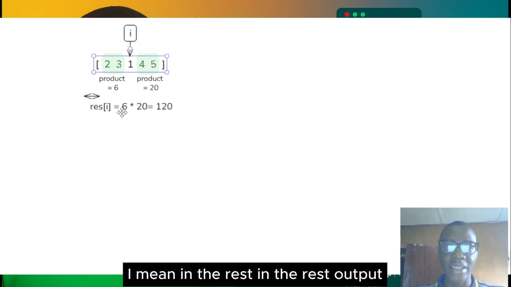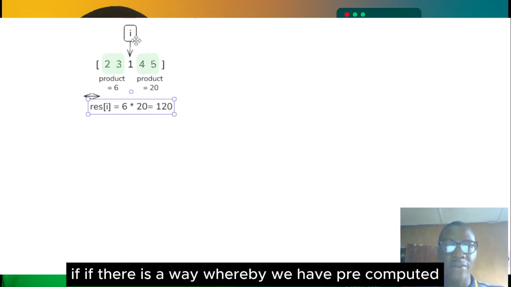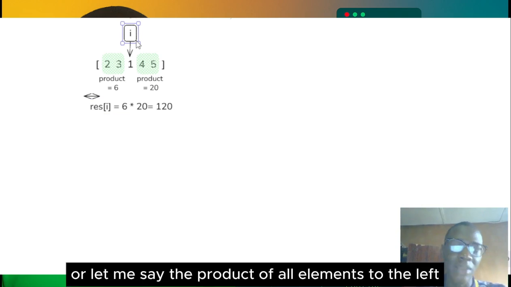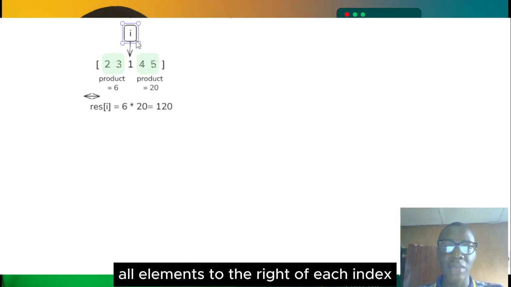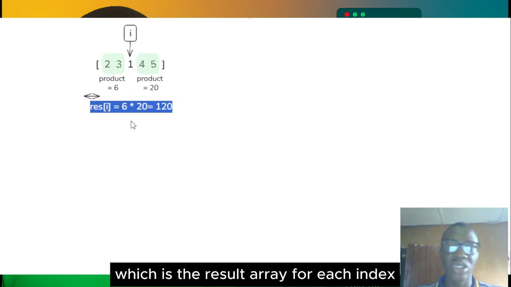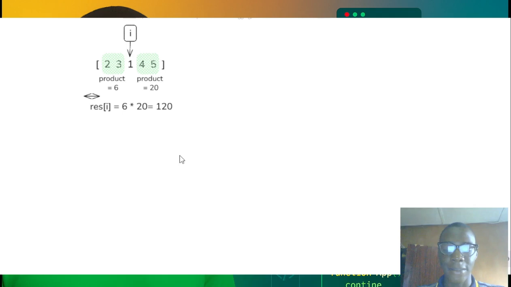I mean in the result output, if there's a way whereby we have pre-computed the product of all elements to the left and the product of all elements to the right of each index, then you can easily get the output array, which is the result array, for each index.